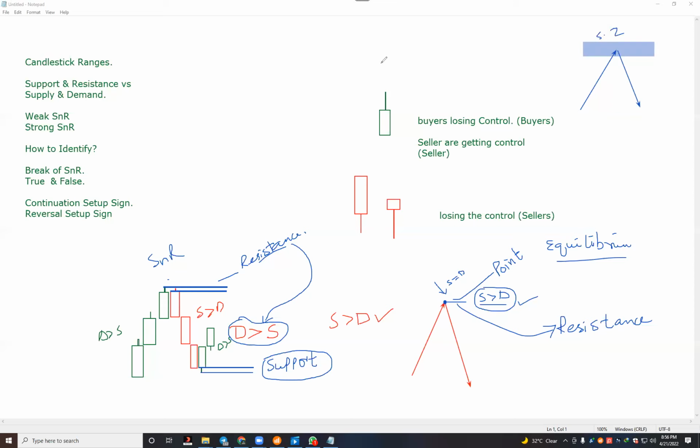But in case there is a supply zone and the price moves up, moves down a little bit and then moves up, we can say it's a failed supply, because there is no power in this supply, that's why the price is not moving down and it's again moving up.